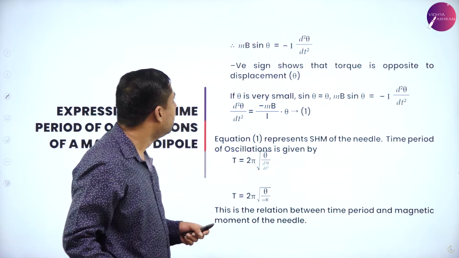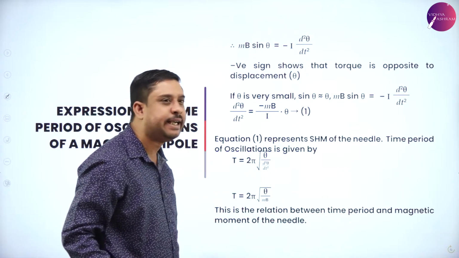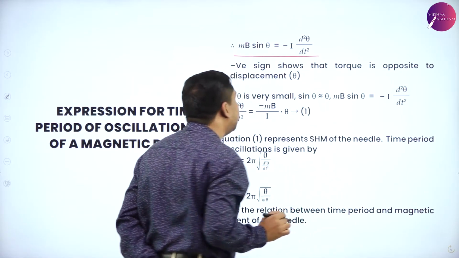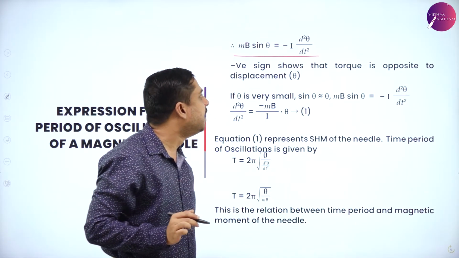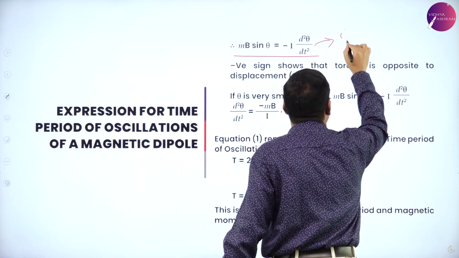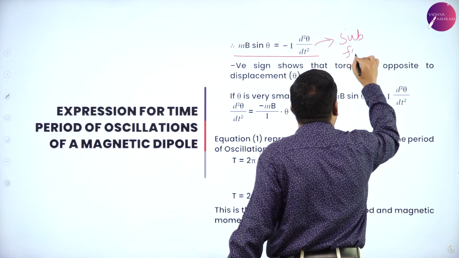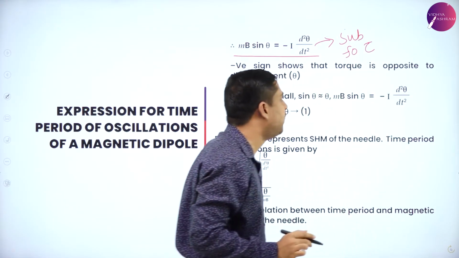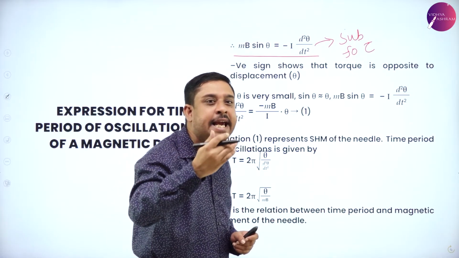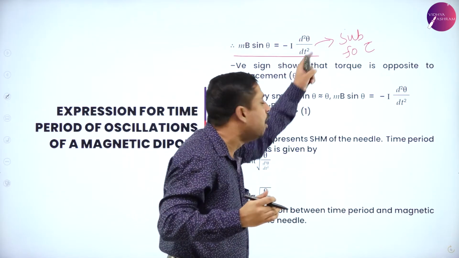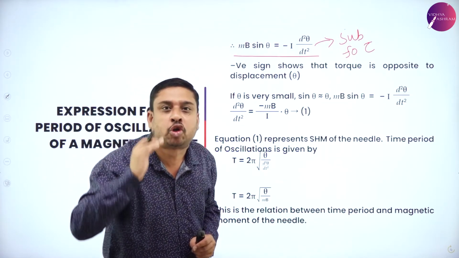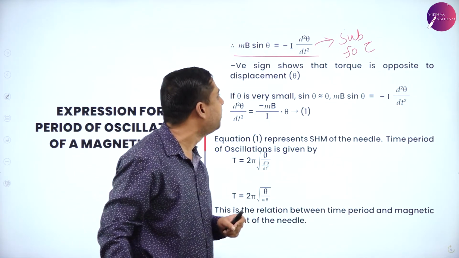Therefore, mB sin theta is I d square theta divided by dt square. This is nothing but substituting for torque, where we said tau is I alpha, I d square theta by dt square. So I am substituting for torque in equation 1.